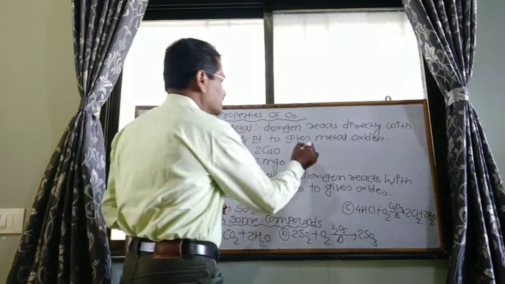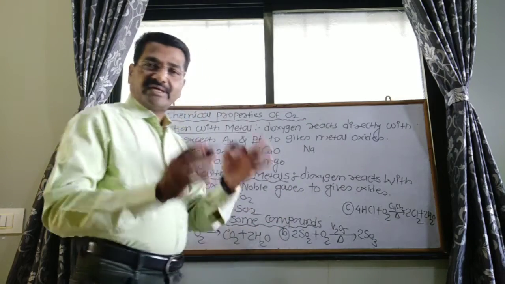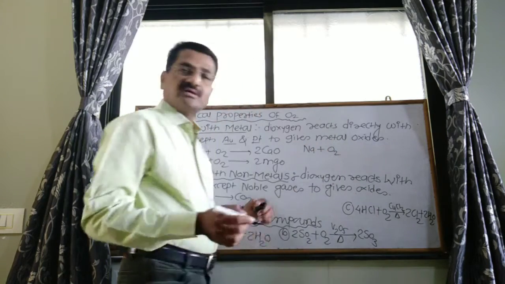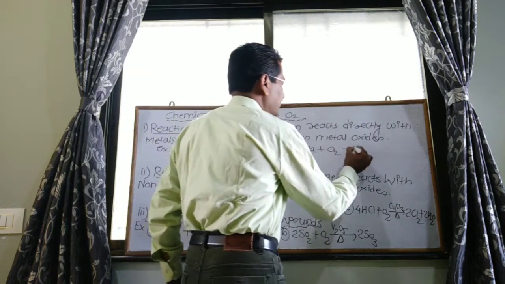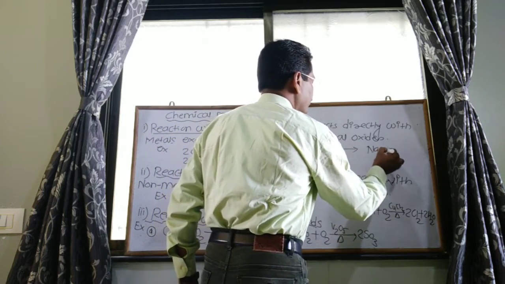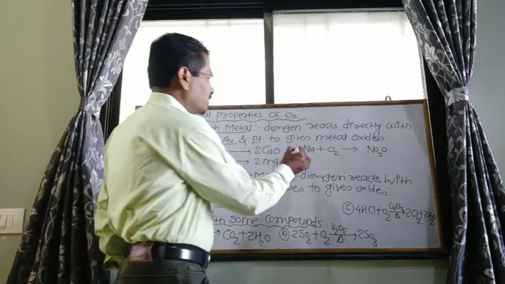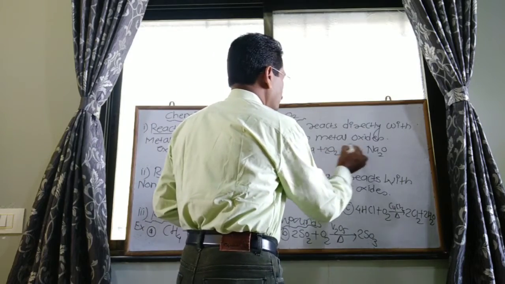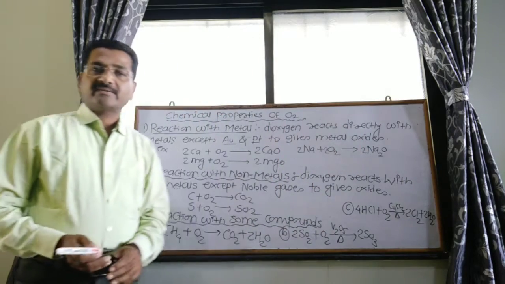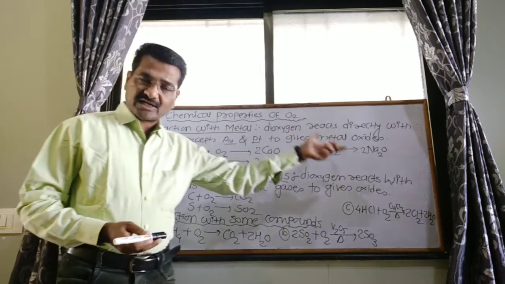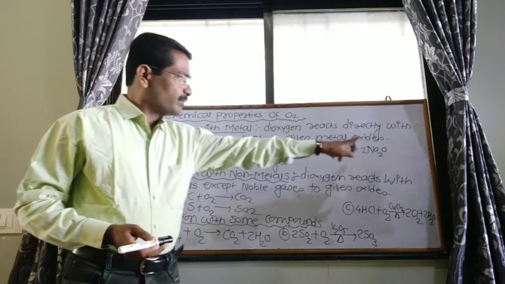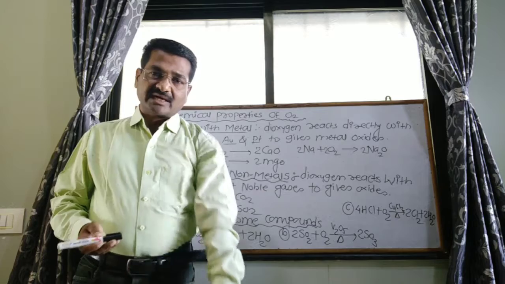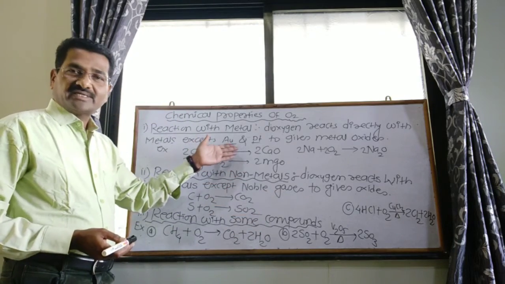Another one, sodium, a very reactive metal, reacts with oxygen to form sodium oxide. For that we require 4Na, which gives 2Na2O. Likewise, many metal oxides can be obtained. Suppose copper is given, it gives copper oxide, and aluminium gives aluminium oxide. So all these metals react with oxygen to form the corresponding metal oxides.